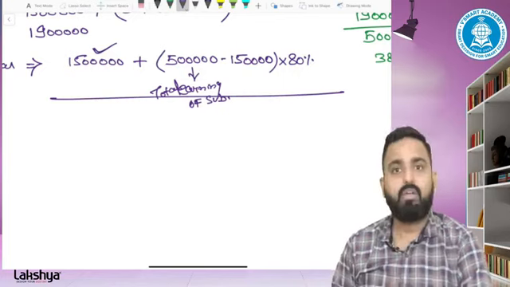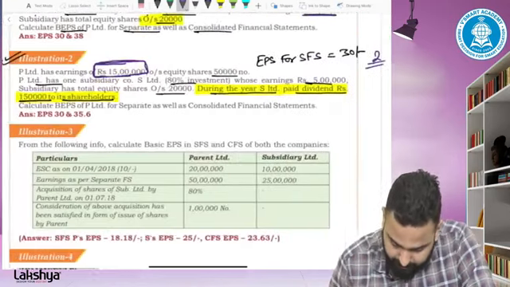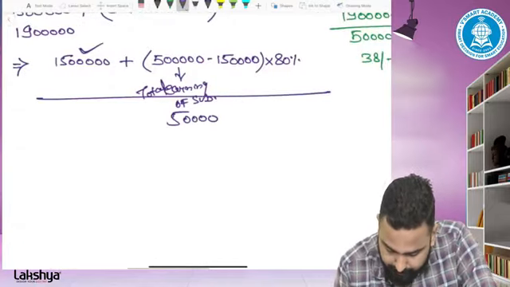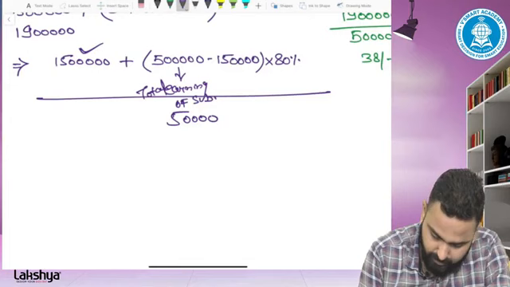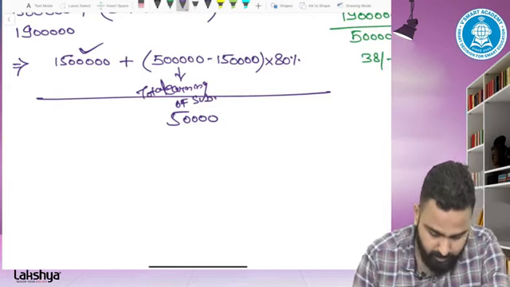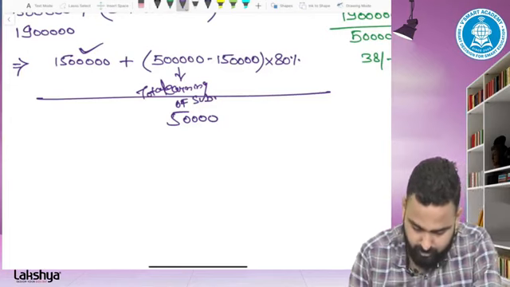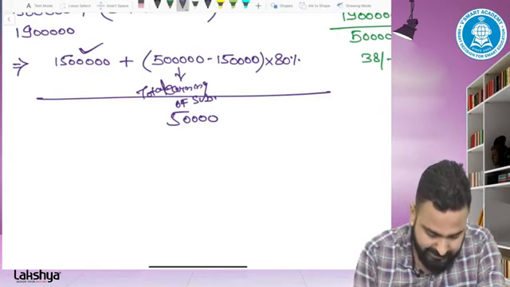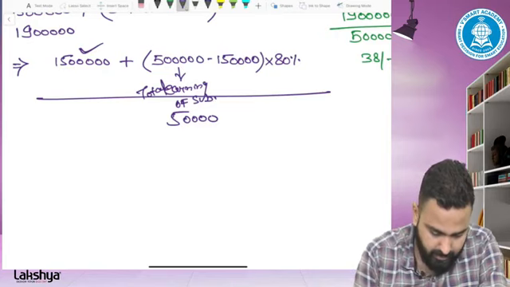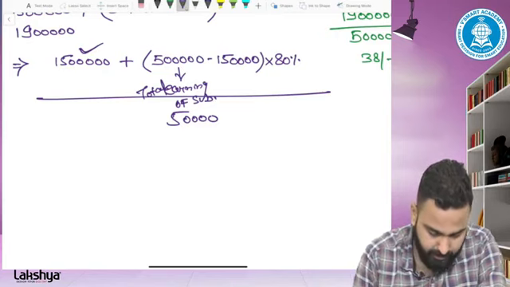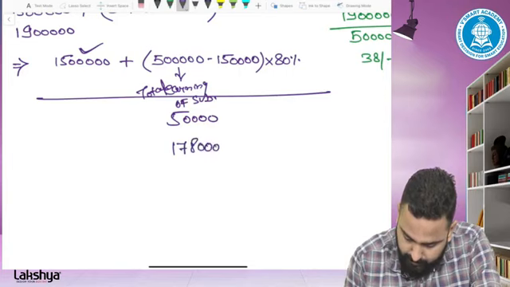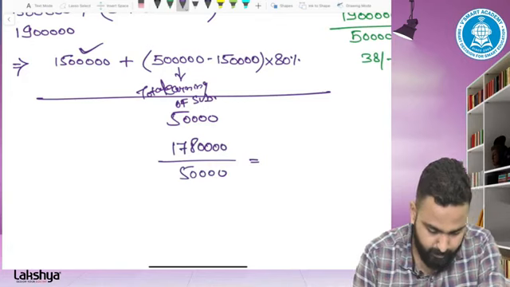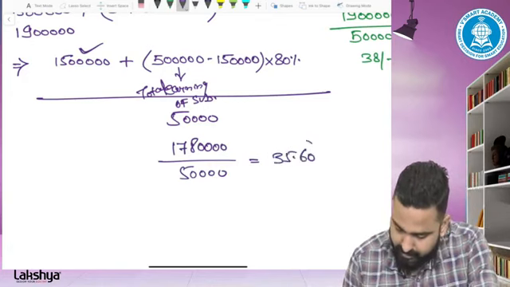Divided by the number of shares, 50,000. So 1,780 divided by 50,000 gives 35.6.